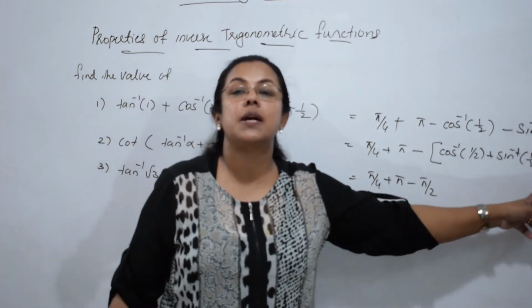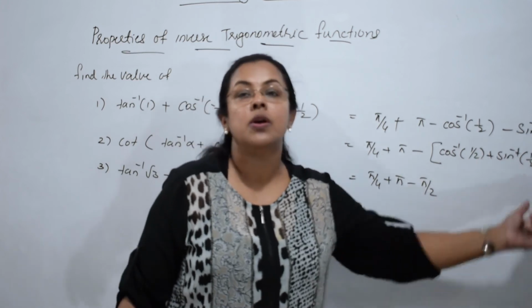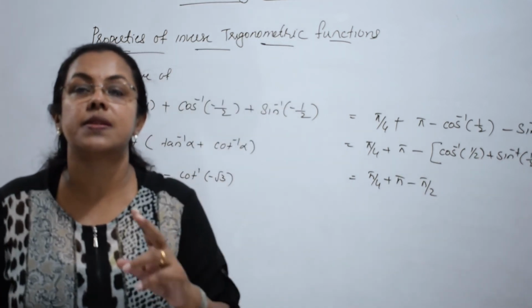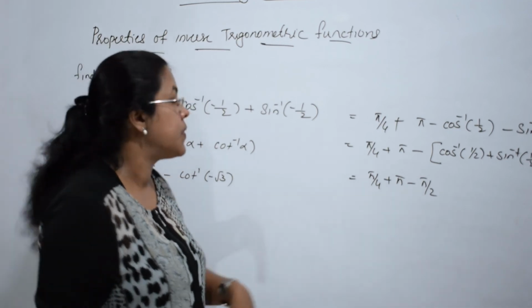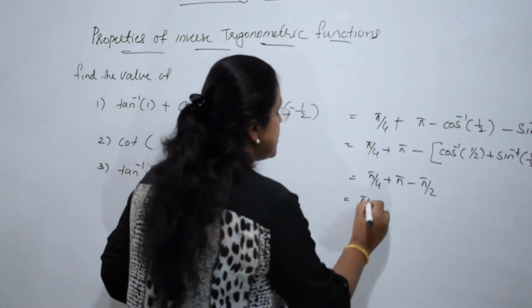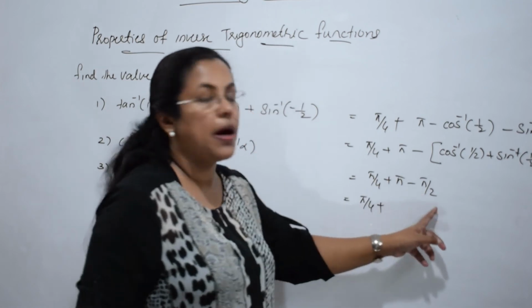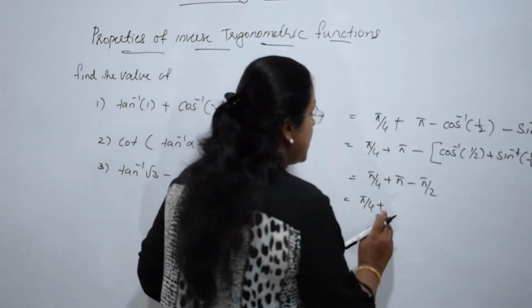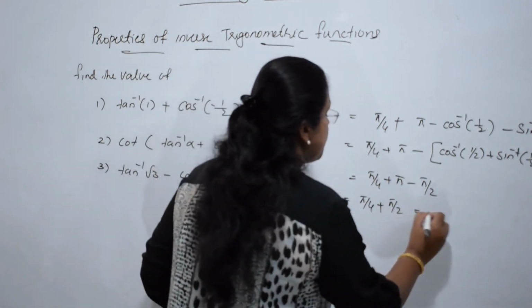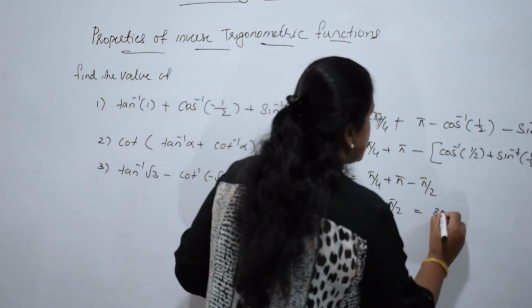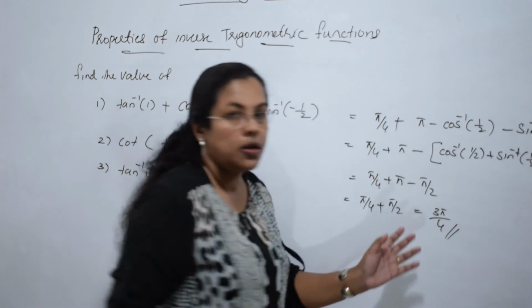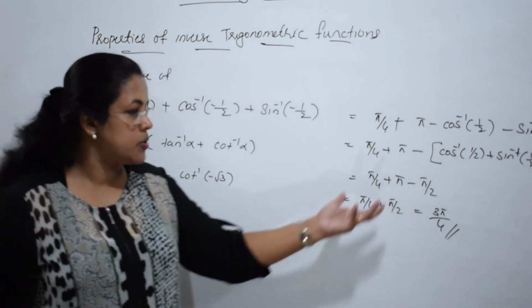Cos inverse x plus sin inverse x is nothing but pi by 2. So we can write the answer directly. Pi by 4 plus pi minus pi by 2 is pi by 4 plus pi by 2. So the final answer is 3 pi by 4. We can solve it using LCM also.